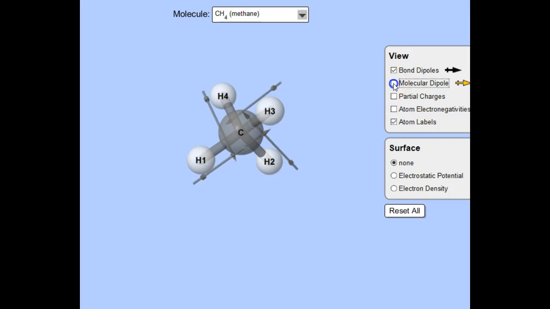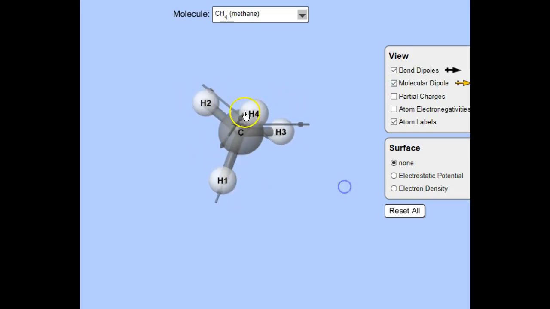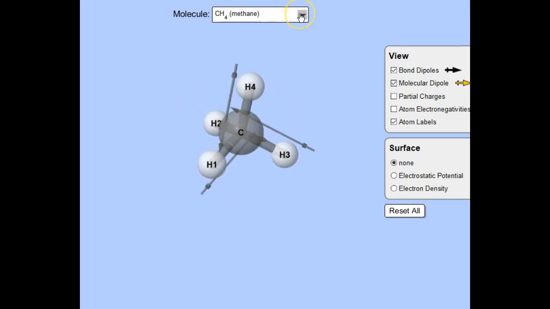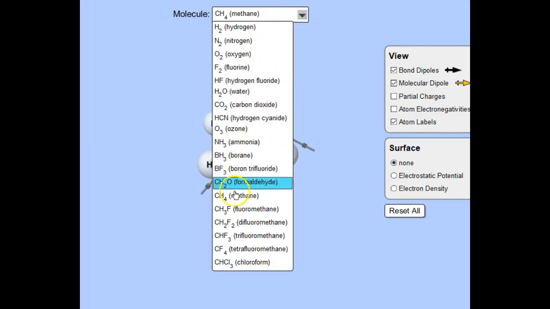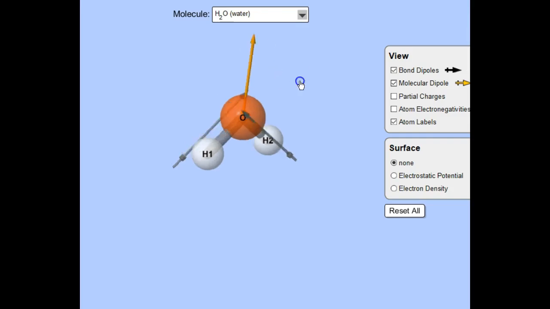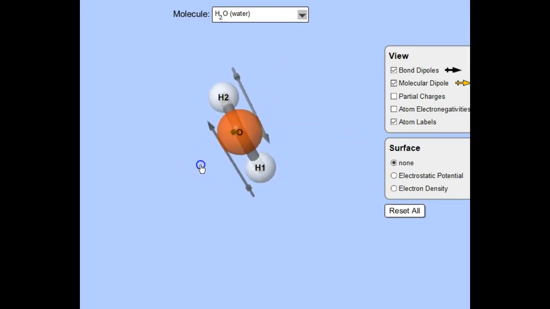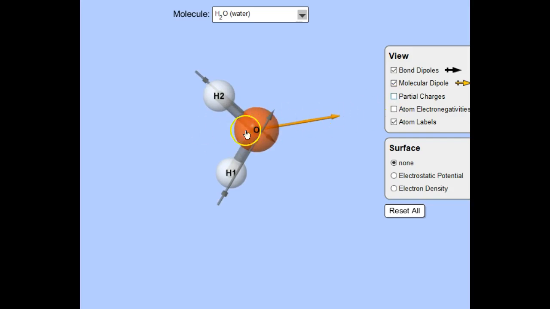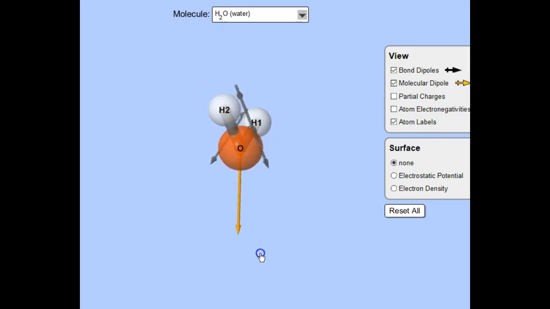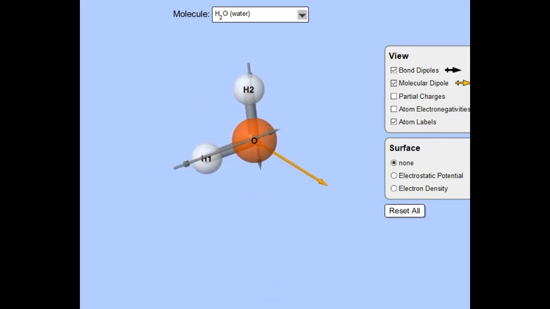So when I click on this molecular dipole, nothing happens because there is no dipole, because this is a non-polar molecule. I'll contrast that with the water molecule that I just showed you. And what you can see on that water molecule is that the negative charge is going to be on this side of the molecule because of the pulling of the oxygen in this direction and the asymmetry of this molecule.